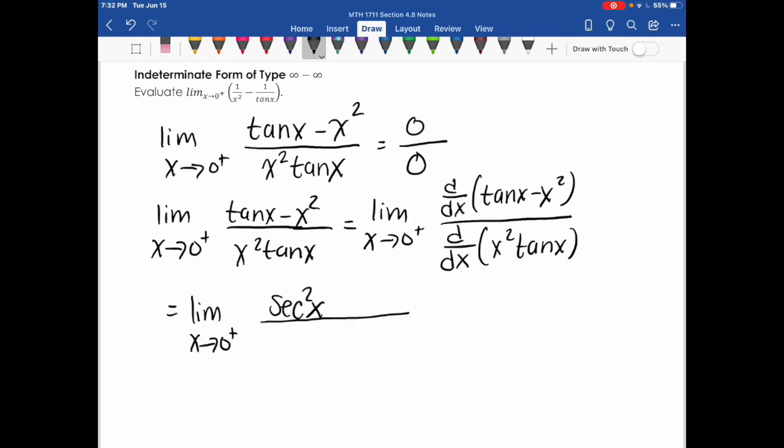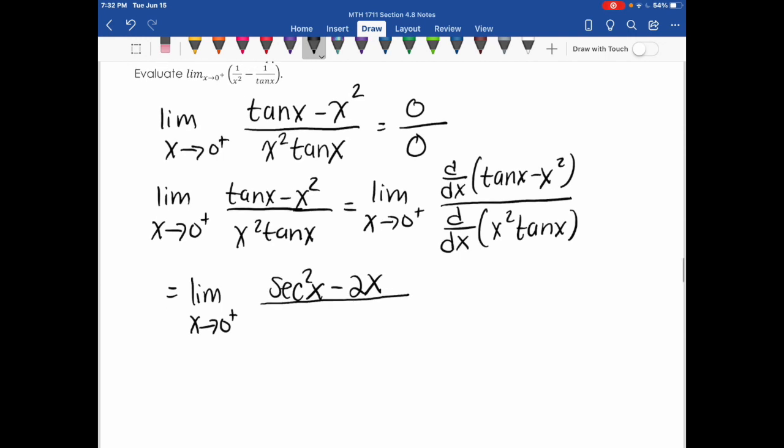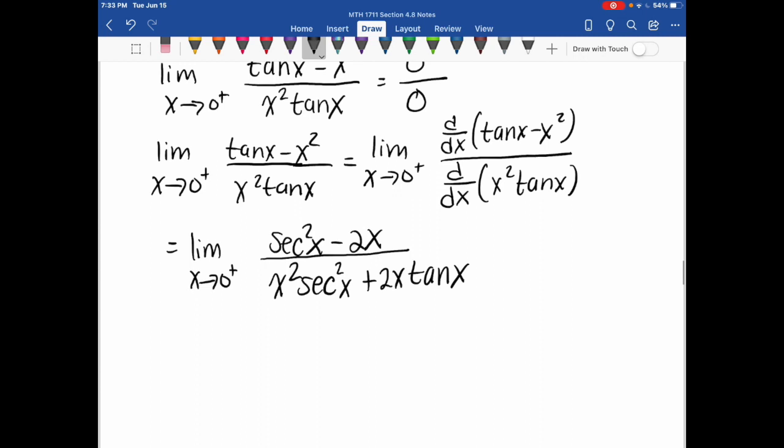If I take the derivative of tan x, that gives me secant squared x. And when I take the derivative of minus x squared, I'm going to get minus 2x. When I take the derivative of the denominator, I'm going to have to use the product rule because I have two functions. I have x squared and I have tan x. When I use the product rule, I should get x squared secant squared x plus 2x tan x.